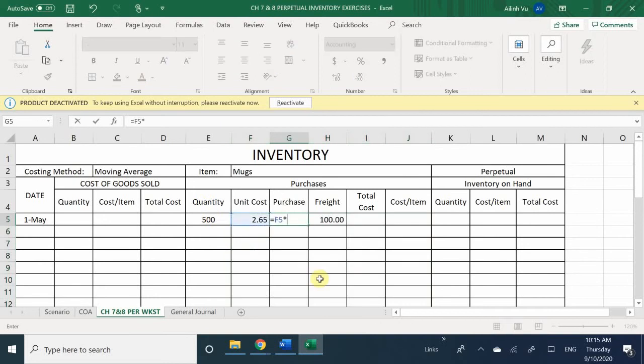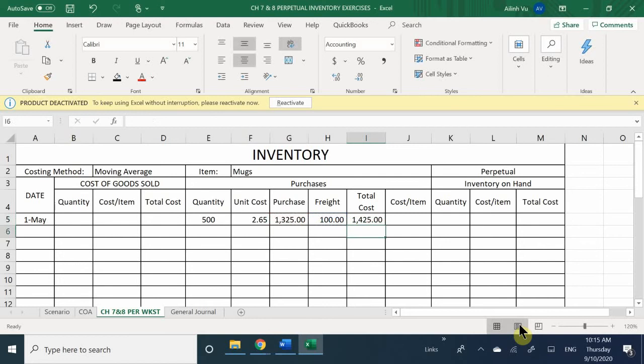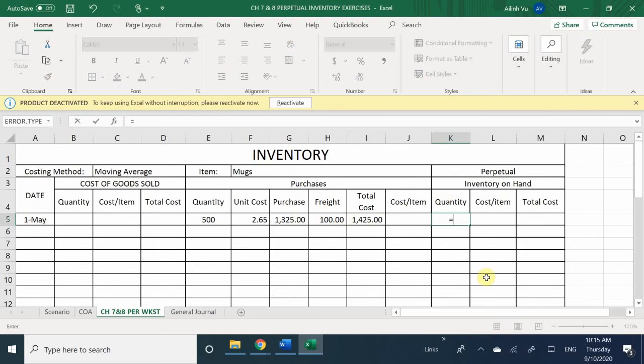$13.25 for the purchases. And $14.25. All right. And because we only have one batch, I'm going to transfer it over to here.